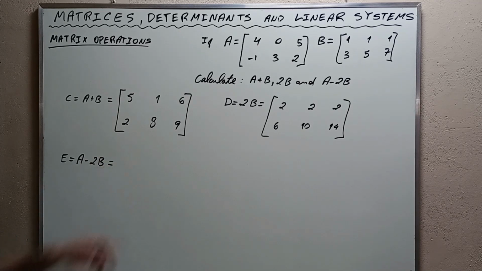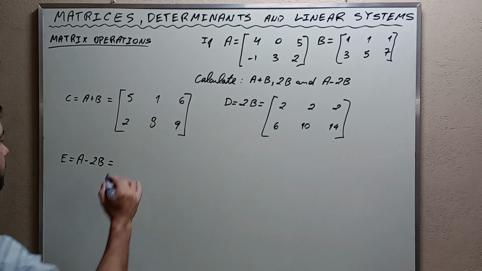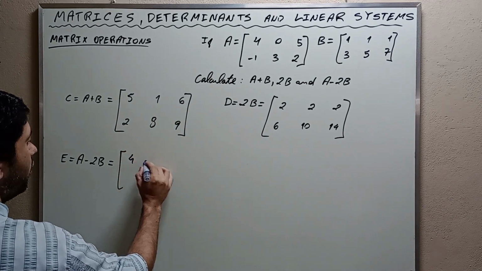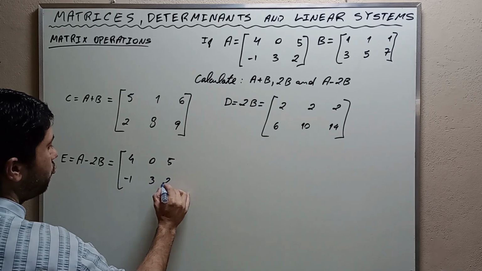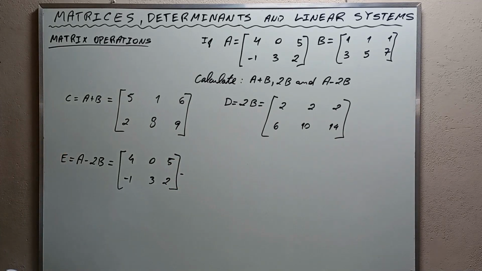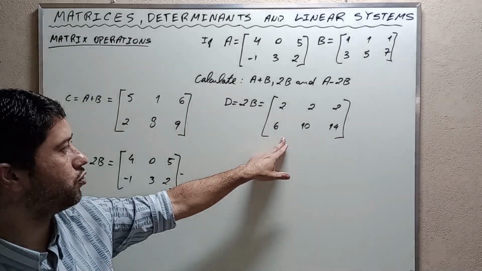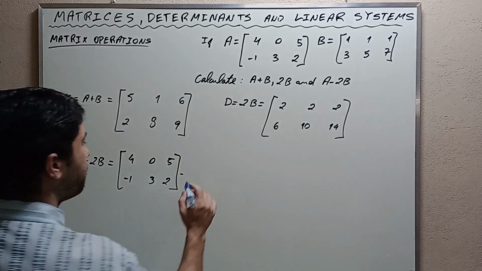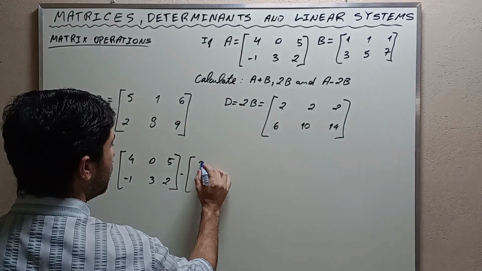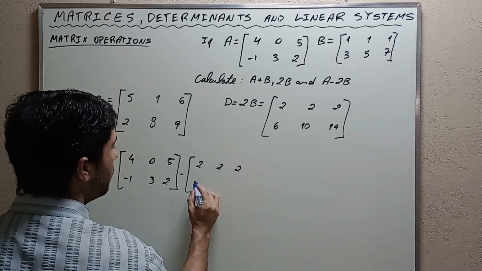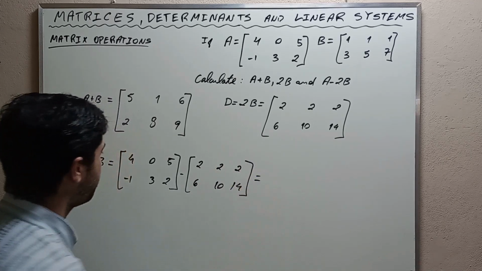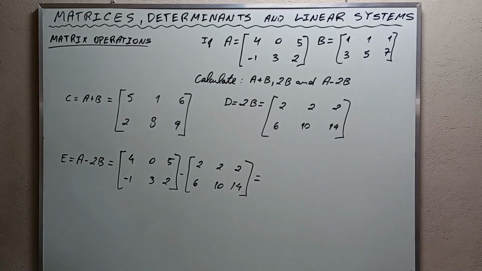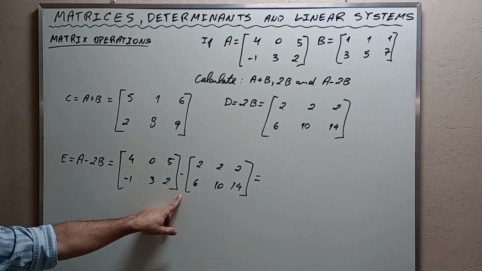We have A is this, 4, 0, 5, negative 1, 3, and 2, minus 2 times B. We already have 2 times B here, 2, 2, 2, 6, 10, and 14. It is very simple. We simply subtract the corresponding entries or elements of each matrix.